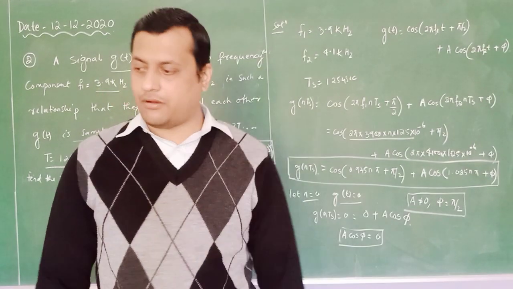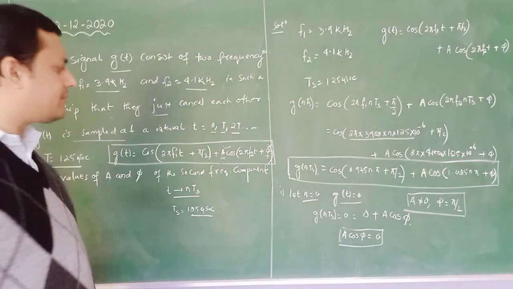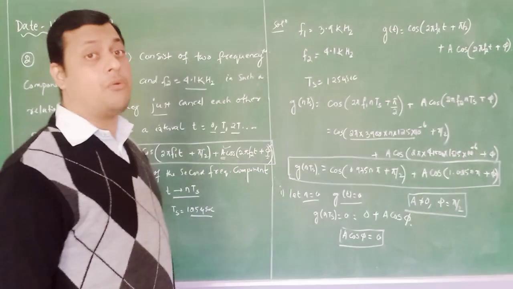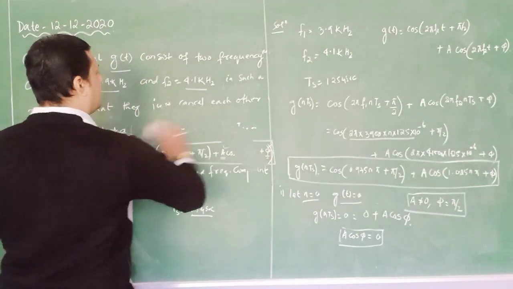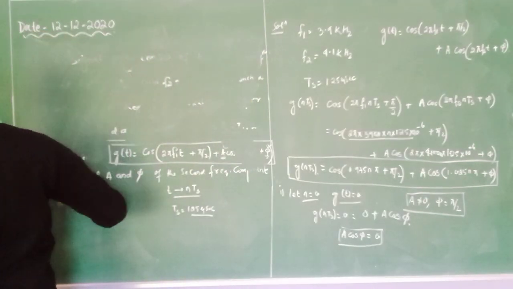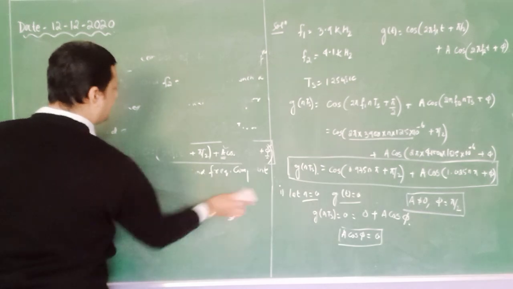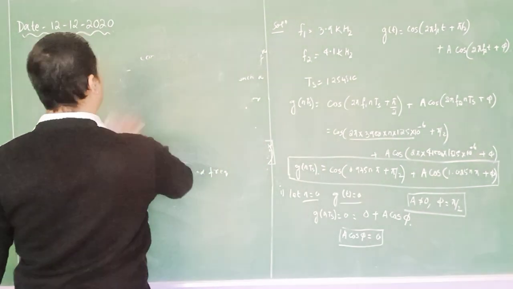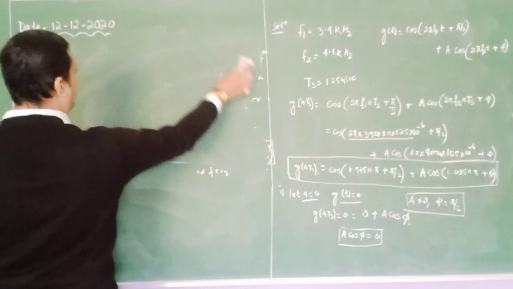Then we will check the next component if the value of n is 1. That is the hit and trial method, by which you can determine the value of A and phi. And that is the second frequency component we have identified.